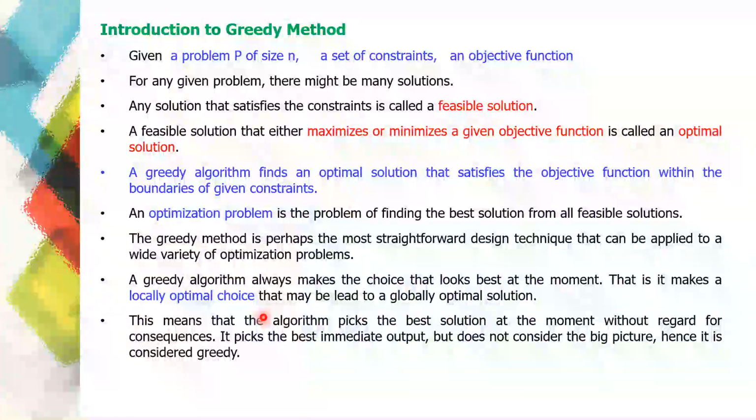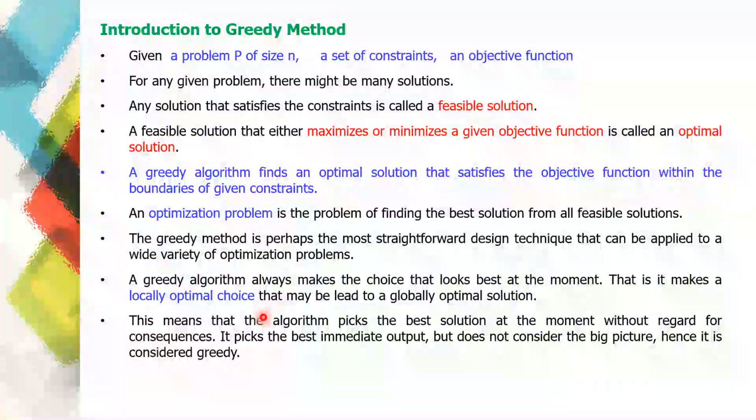I'll not bother about the past. I'll not bother about the future. But at this moment, whichever choice looks best for me, I'll take it and continue to the next step. That is what is called a greedy choice, which is a locally optimal choice.